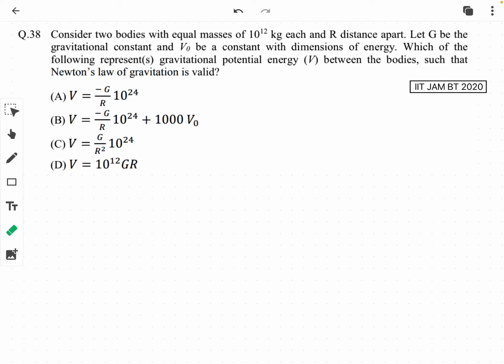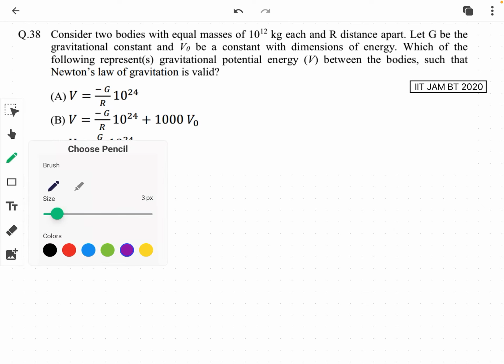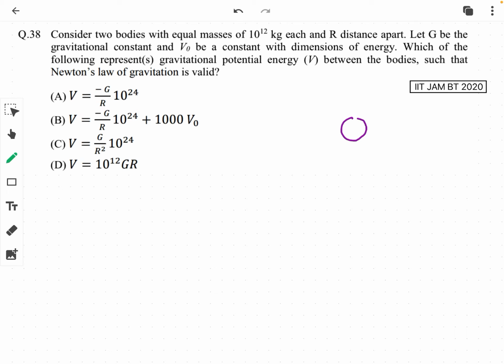Okay, so we have two bodies, M1 and M2, and the distance between them, center to center distance, is given as r, because here they are given r distance apart, and their masses are equal, 10 to the power 12 kg.